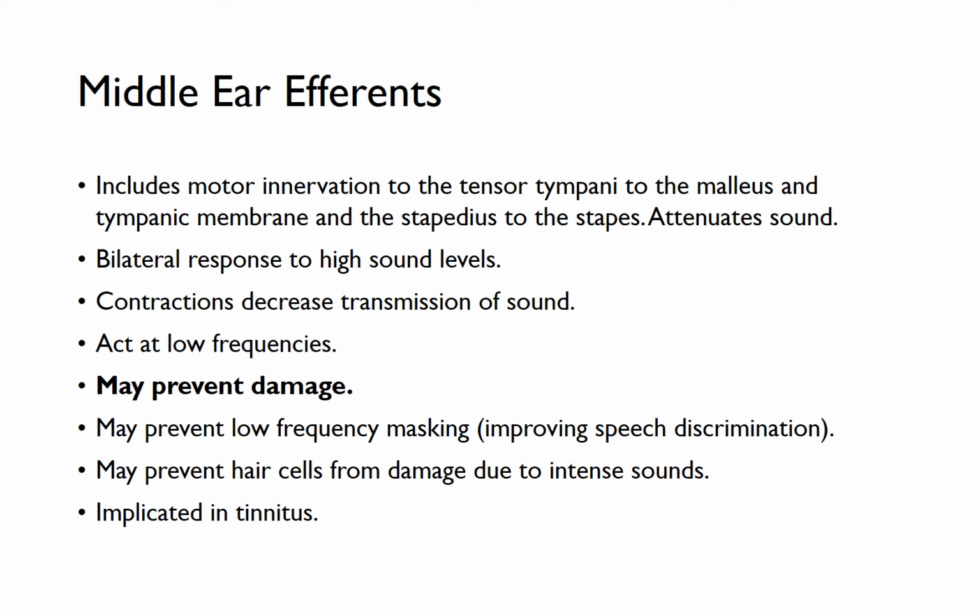If you can dampen the vibrations of those middle ear bones, then that attenuates a little bit of the sound that might otherwise reach the hair cells and damage them. They can act at low and high frequencies.